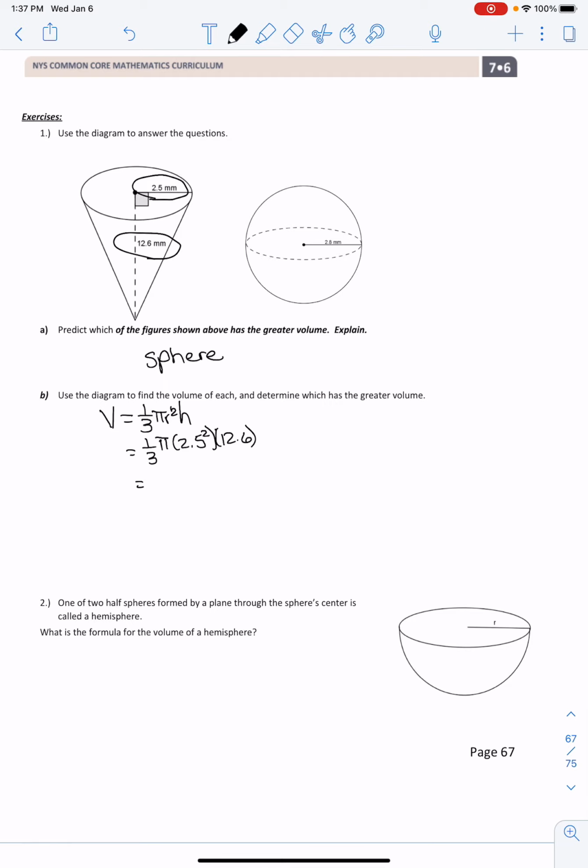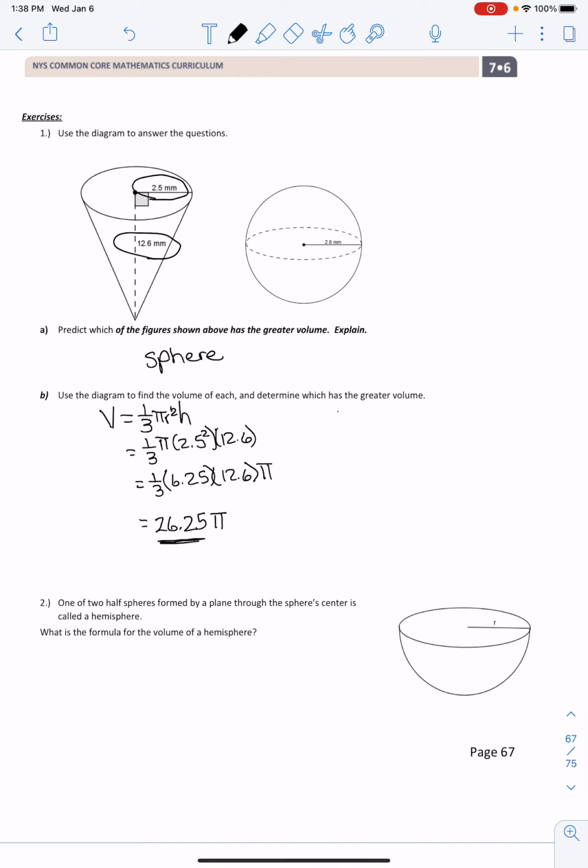So 2.5 squared, we have 1/3 times 6.25 times 12.6 pi. And I'm going to leave the pi because pi is going to be the same in both. So we're actually really looking at the number itself. So when I multiply it all together, I get 26.25 pi. So really what I'm looking at is this part right here.